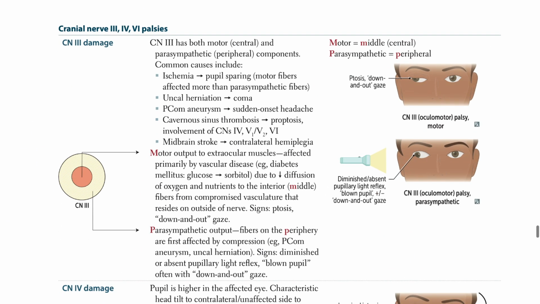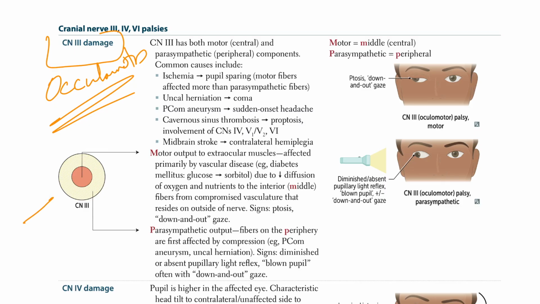Moving on to the next, the cranial nerves. Cranial nerve 3, 4, and 6 palsies. Okay, let's talk about the first one, which is the CN3 palsy. It's the oculomotor nerve. Now, an important thing about the oculomotor nerve, which is high yield, is that it has a central part and a peripheral part.